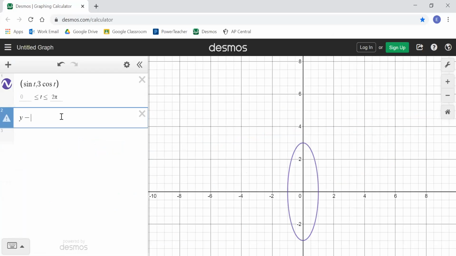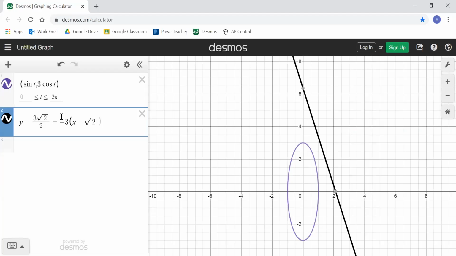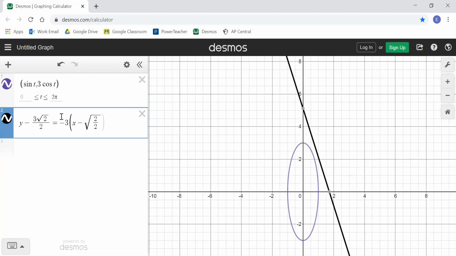And we had y minus 3 root 2 over 2 and negative 3 times x minus root 2 over 2. And there it is, tangent to our ellipse at that point. Looks pretty good there, doesn't it?